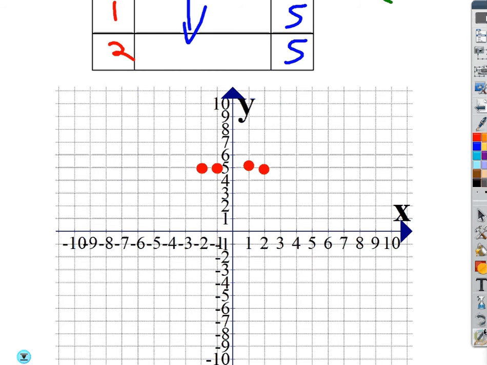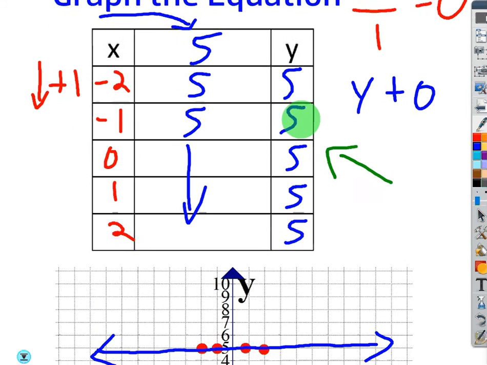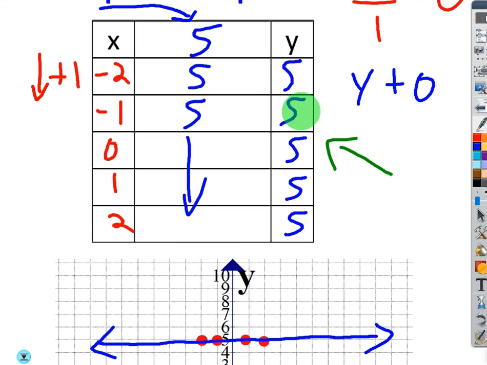So what kind of line is going to form when you connect those dots? Right. The point is, if you have y equals a constant number, you're going to have a horizontal line. Now, the last question is, what's the slope of this line? Hmm? 0, 0. All right, well, okay, since there is no x, it's 0.